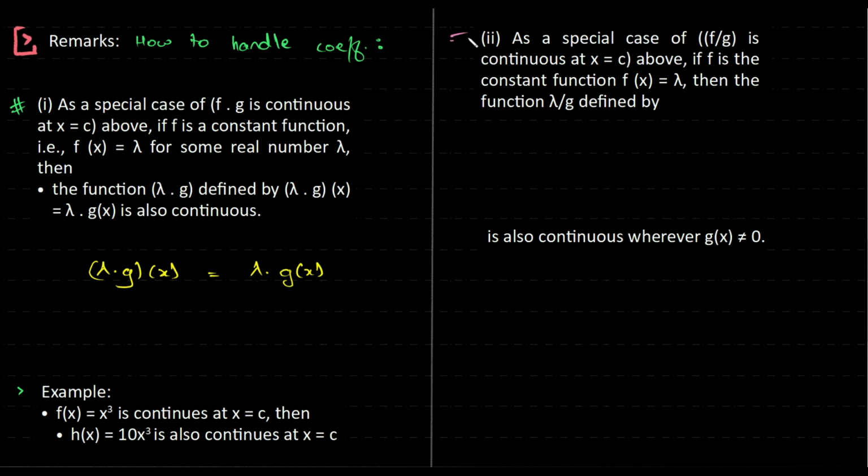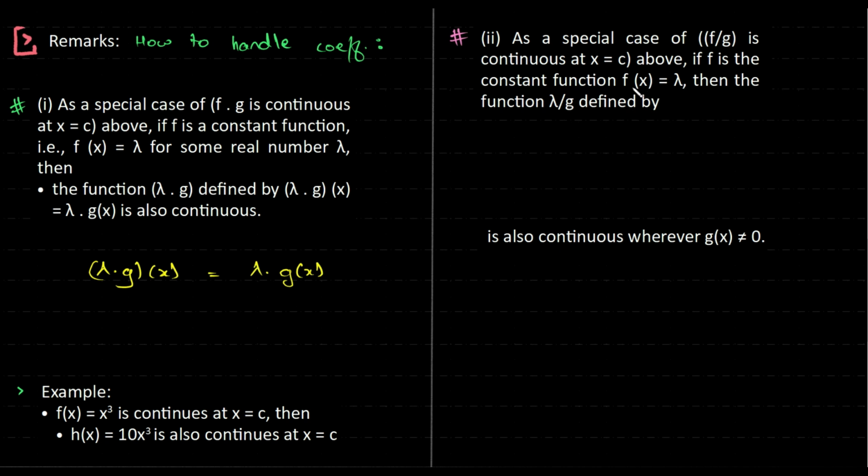Now similar stuff happens with division as well. So as a specific case of f by g being continuous at c, now if in place of f of x I put lambda, or in place of g of x I put lambda, actually g of x being equal to lambda is covered over here.